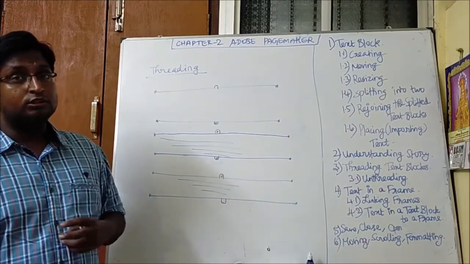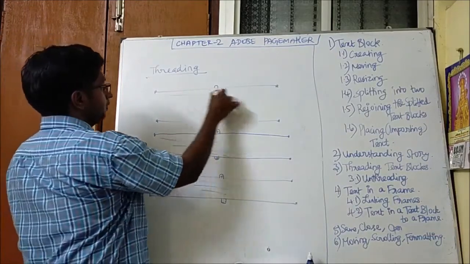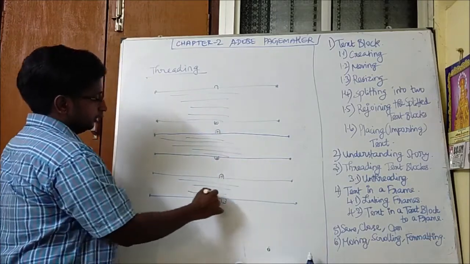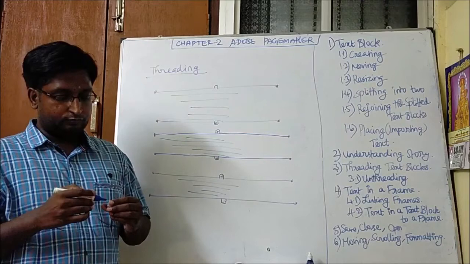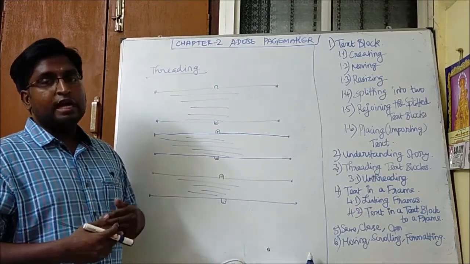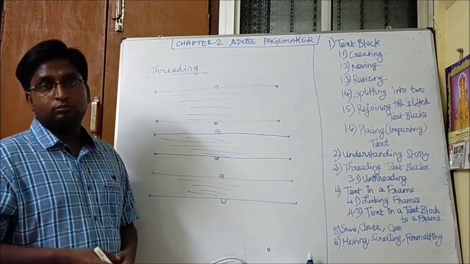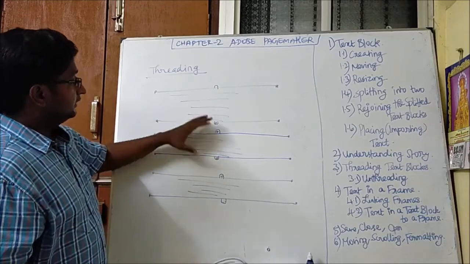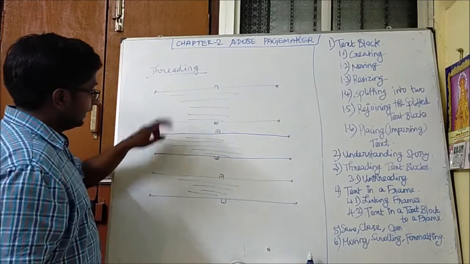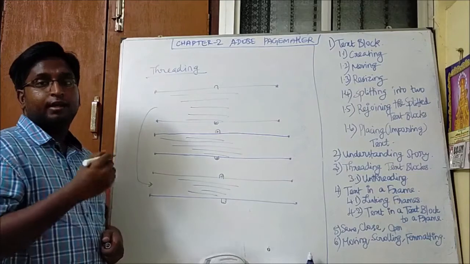One thing we have to note in unthreading the text block. Say for example, all these text are flowing in these three text blocks. If you are unthreading a text block, say for example the second one, the middle one, the second one will get unthreaded, whereas the first and third one will get threaded, will get connected.